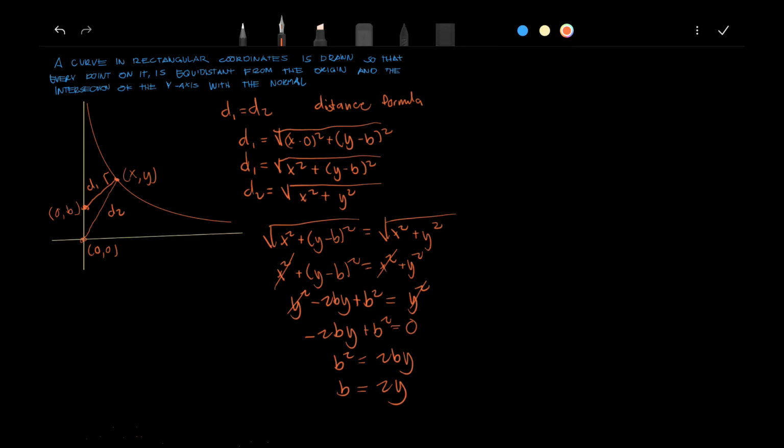And now let's determine the slope of the normal, which is given by the change in y over the change in x.